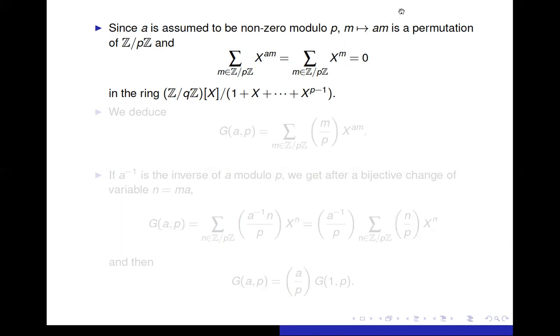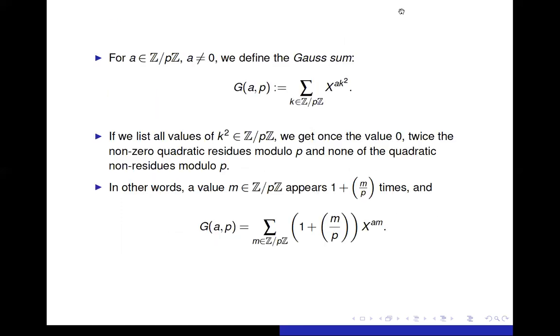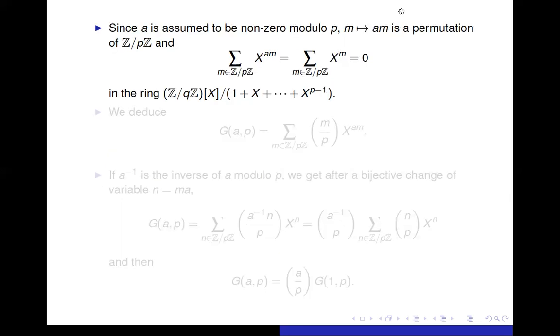So the sum of x^(am) is 0. And then I can subtract the 1 in the bottom line, and I get another expression for my Gauss sum: the sum of (m/p) x^(am).